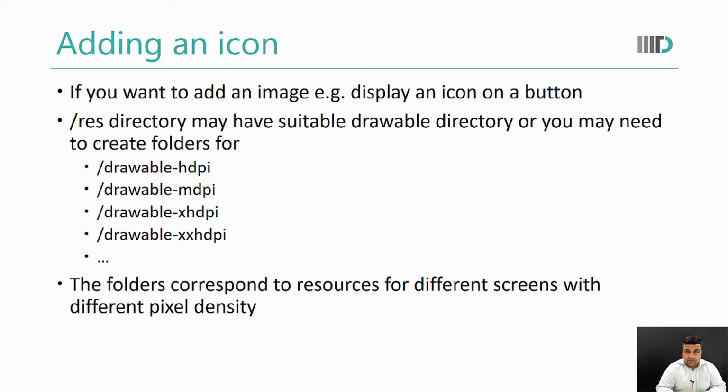So you can either put your icon images directly under drawable, or within the drawable you can create folders which correspond to different pixel density of the Android devices that are available. So you may want to create folders such as drawable-hdpi, mdpi, xhdpi and xxhdpi.